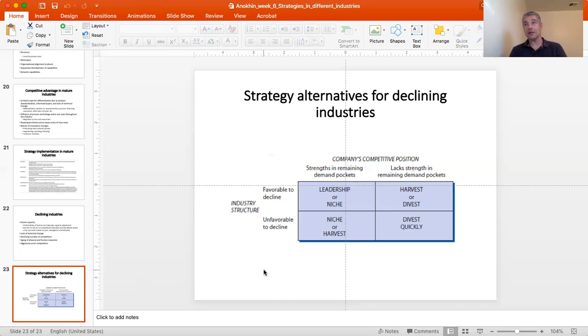And then if you caught the industry early on in a declining stage, right? So we tend to speak about industry dynamics as if it was absolutely clear. Well, it's not. If you have your beliefs about the industry going into decline, and maybe other industry participants are not necessarily believing the same thing, that's the time when you try to divest.